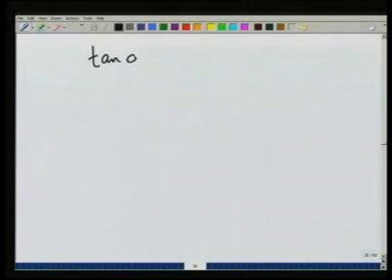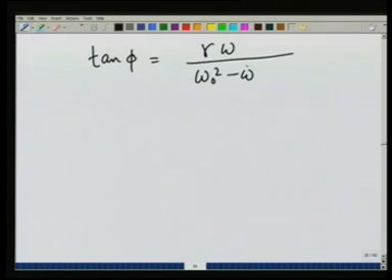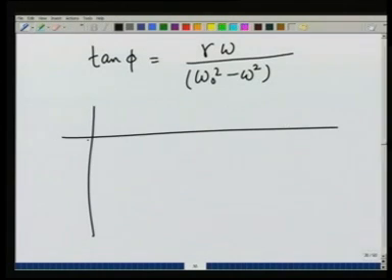How about the phase of the system? Recall that the system, when subjected to this force, lags behind the force by an angle, tangent phi equals gamma omega over omega 0 square minus omega square. So, for very low frequencies, if I plot phi versus omega, the phase is almost the same as the applied force. So, the system is moving with the applied force.